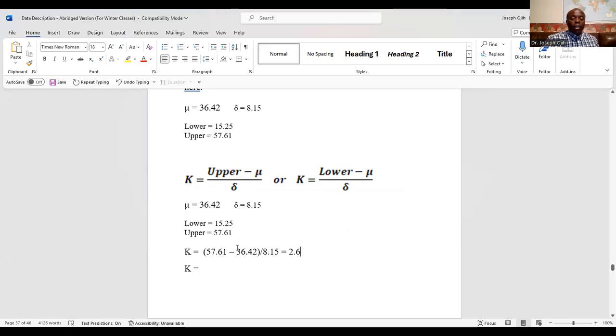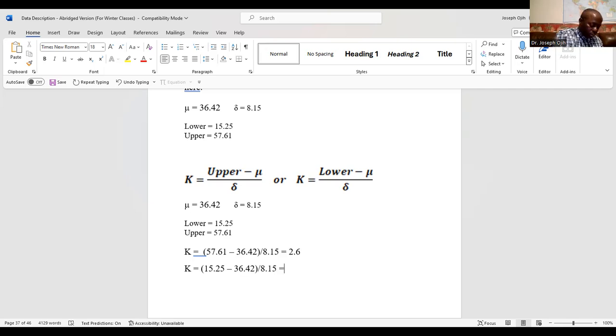Then as a check, I can do the same thing for the lower end. I use k equals lower minus mean over standard deviation. Our lower side is $15.25, minus the mean of $36.42, divided by the standard deviation of $8.15.